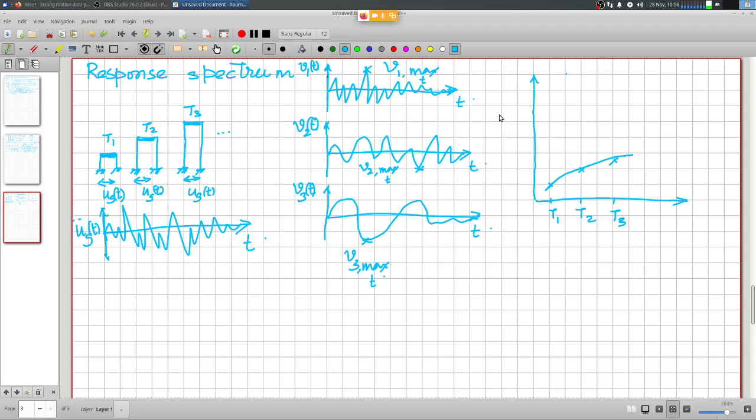So this is what we call spectral displacement, or I would just say relative displacement spectrum.